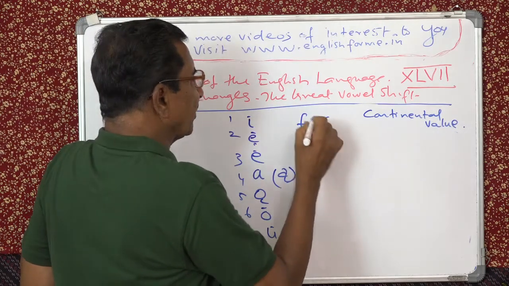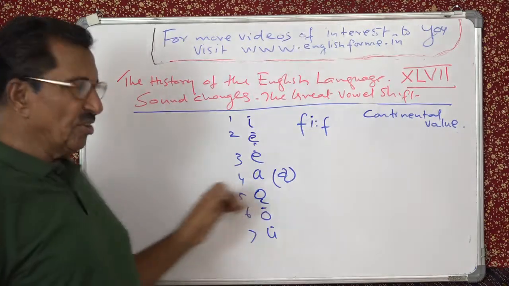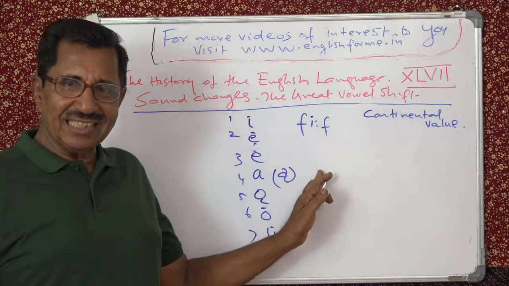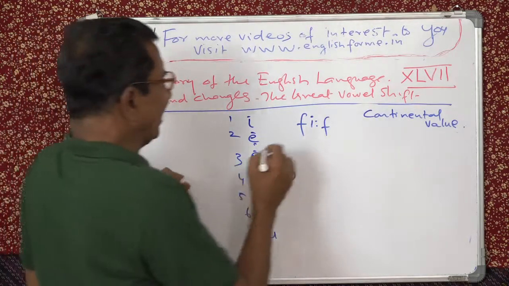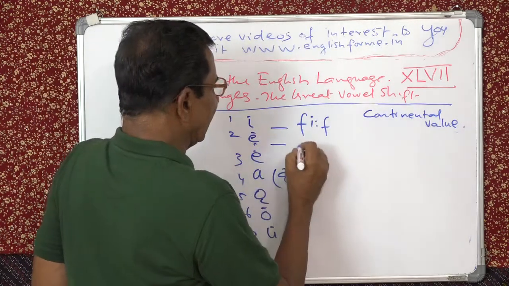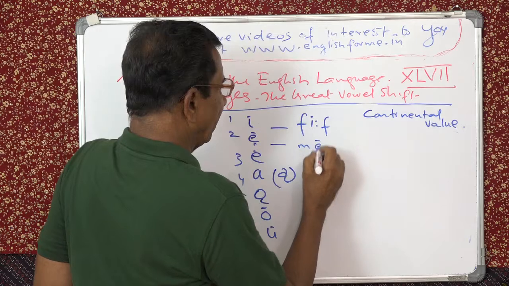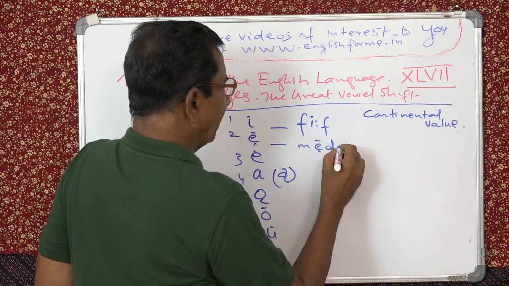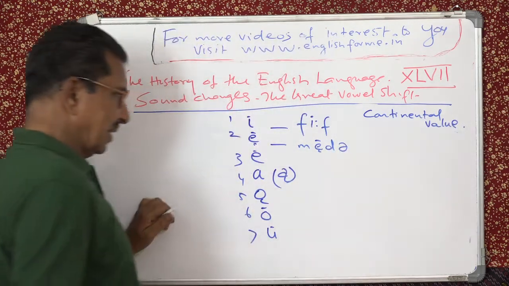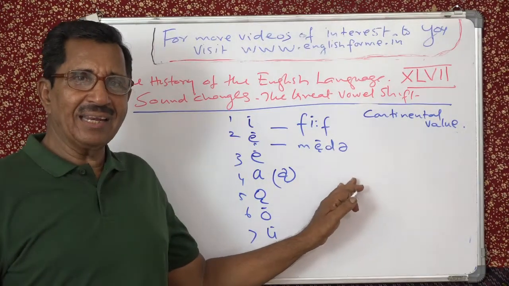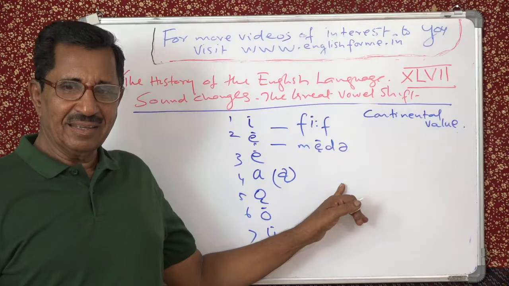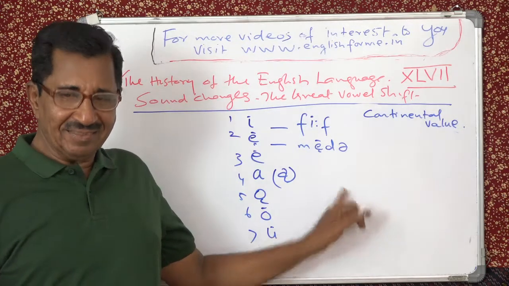Now you see, how will you pronounce this? Thief. E. Isn't it? E. Then the second one is pronounced as in the word mad. Not mad, but mad.